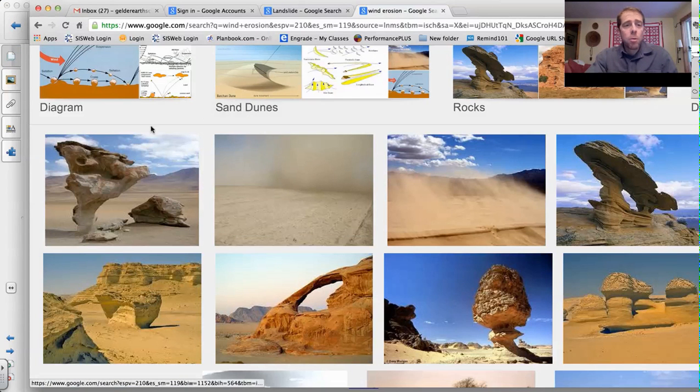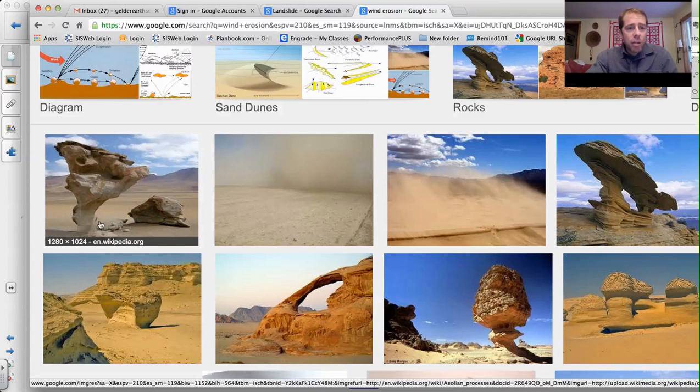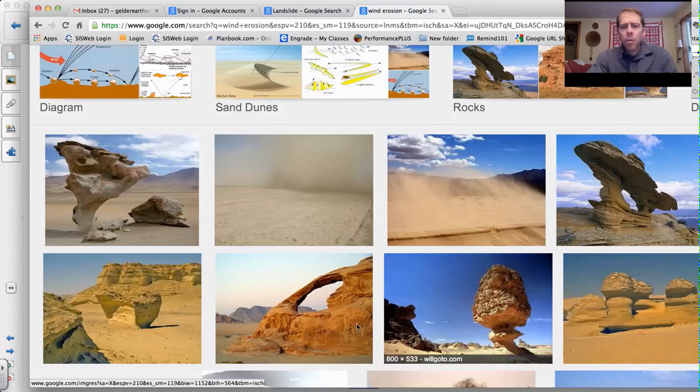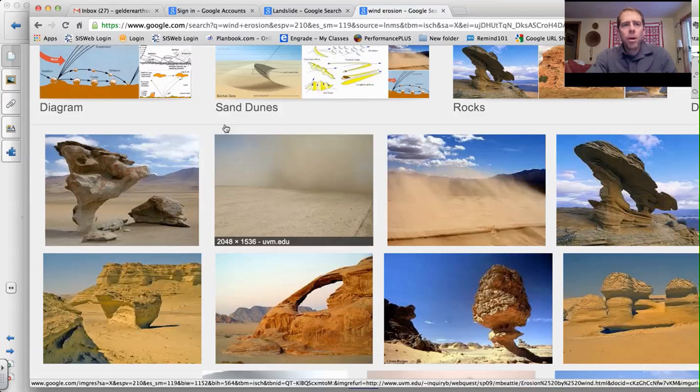So I paused it for a moment just so that I could pull up some images from Google of wind erosion. So you can see, and generally what ends up happening is, as you can see here, it's narrower at the bottom. The reason is that in general, the particles are being picked up and carried close to the ground. Even when the wind is blowing moderately fast, these particles don't get picked up and carried very far because gravity's always pulling them down.